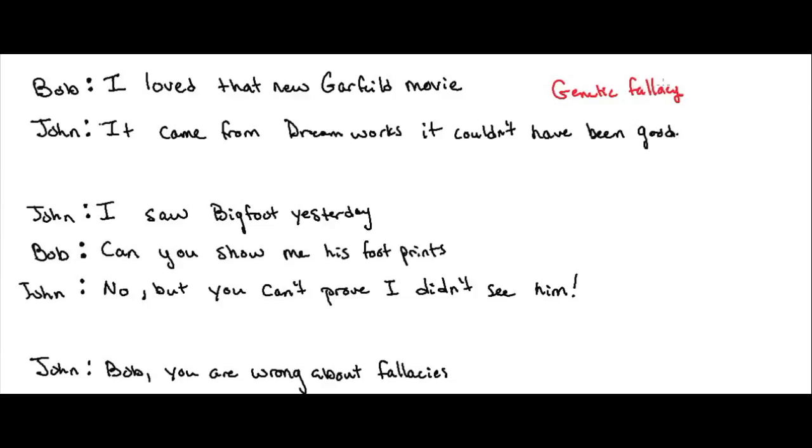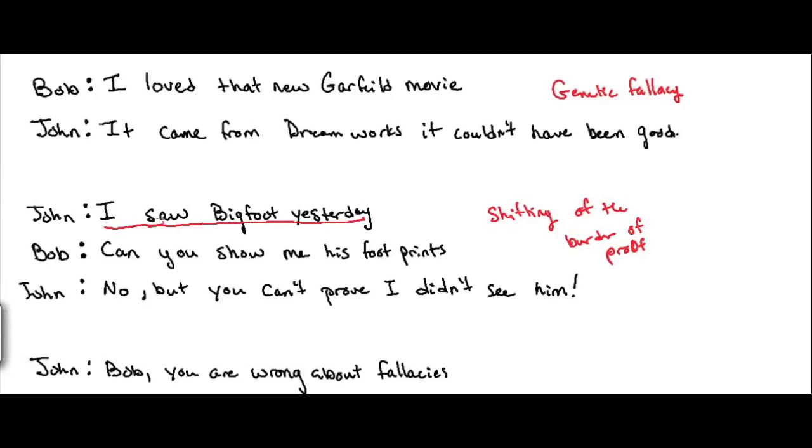Here we go. John says, "I saw Bigfoot yesterday." Bob, "Can you show me his footprints?" John says in retort, "No, but you can't prove I didn't see him." So here we have an unfair shifting of the burden of proof. Here we have John making the positive claim that I saw Bigfoot yesterday.